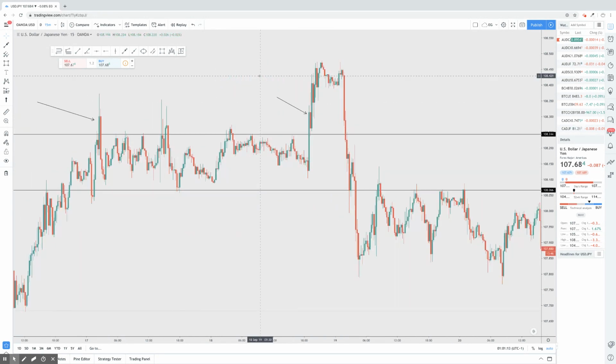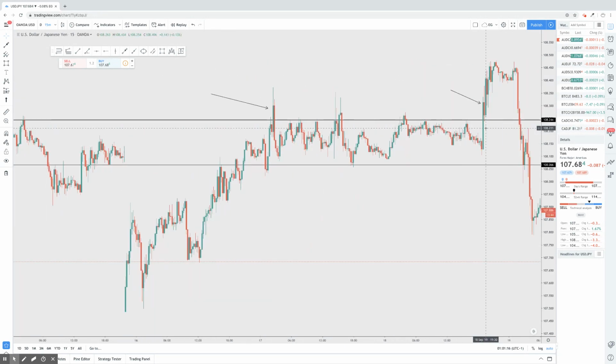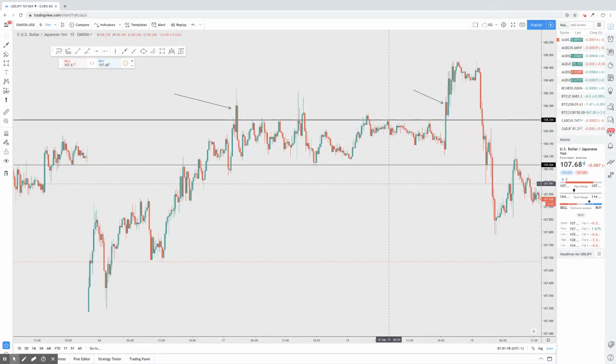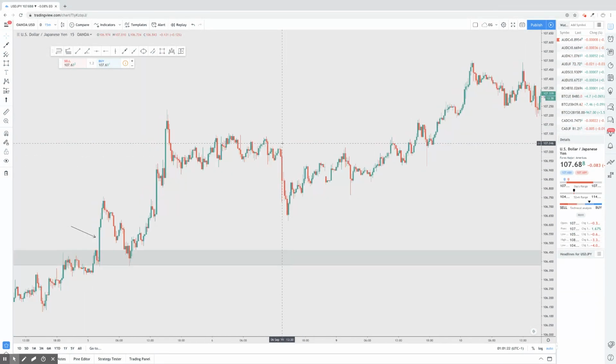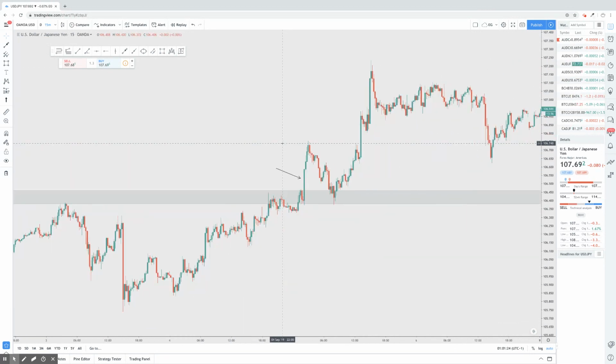Now, the way you can avoid trading these, okay, is so when you have a breakout, let me go back to the good example. What you should do is always use price action, okay, to confirm your entry. Meaning you don't want to enter the trade until you see a continuation in your intended direction.